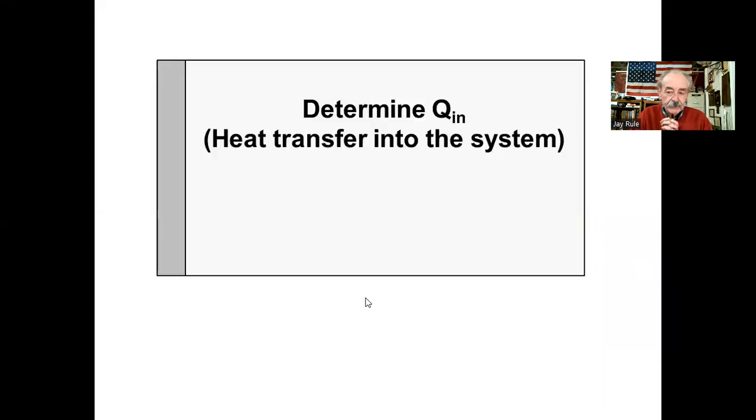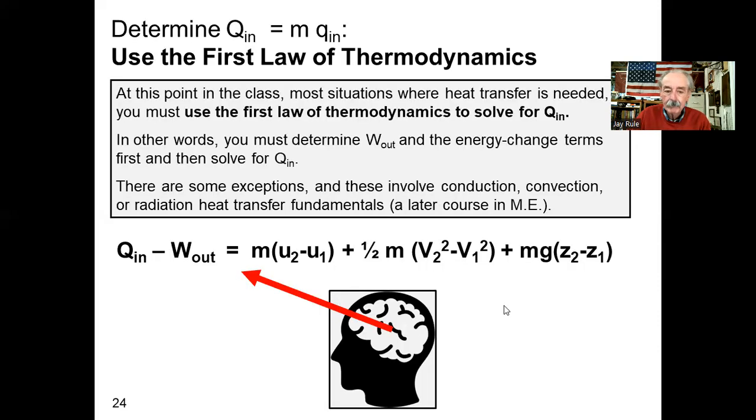Okay, so that covers how you get U2 minus U1 in the first law. The last thing we have to cover in our statement of the first law for a closed system is how you determine Qin, heat transfer into the system. Wow, I don't have any recipe-related things for heat transfer, do I?